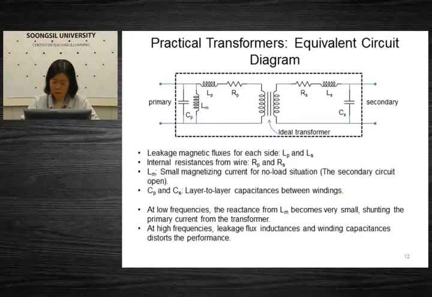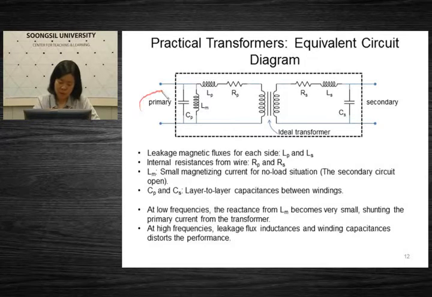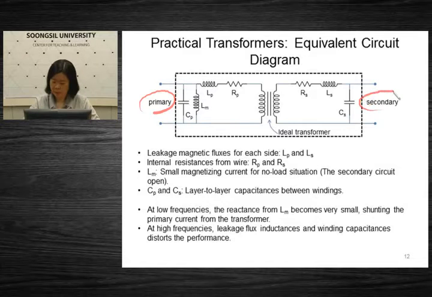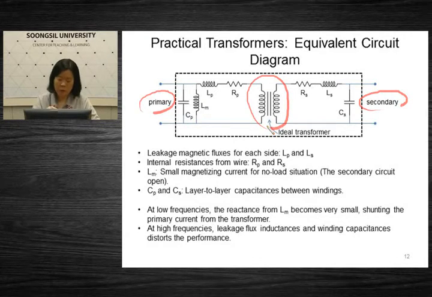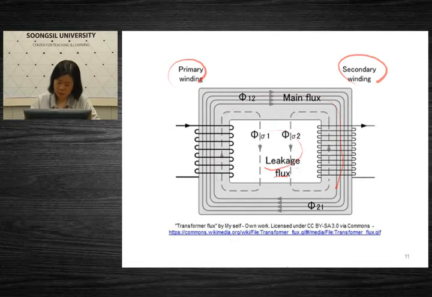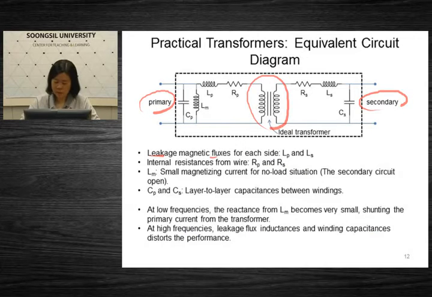So then let's look at a more practical diagram of a transformer. We have the primary part, the secondary part. And for the ideal transformer, we have only this symbol. However, due to leakage magnetic flux in this area, we may have to think about self-inductance at the primary and self-inductance at the secondary, which are represented by these symbols.